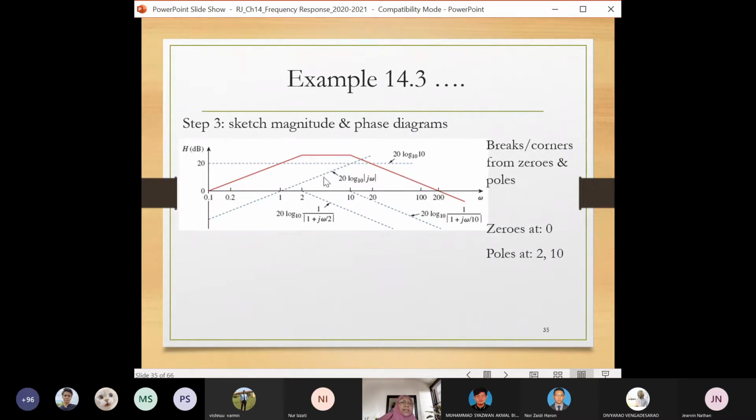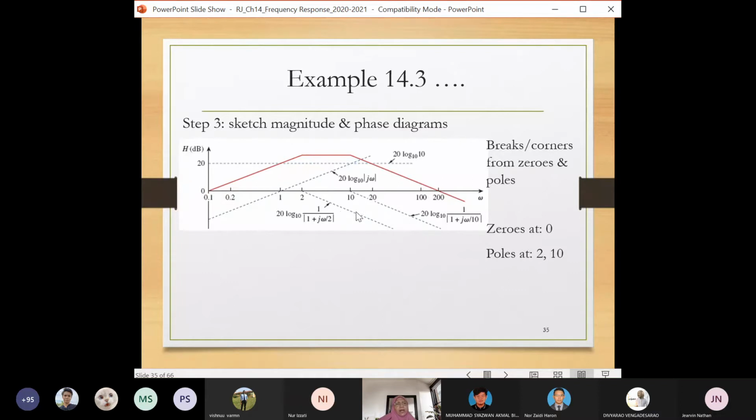This line is the one from the zero at the origin, and it runs through the origin as a straight line with a slope. Origin is at 1. The other line, at 2, should be 0 until reaching 2, then it rises.